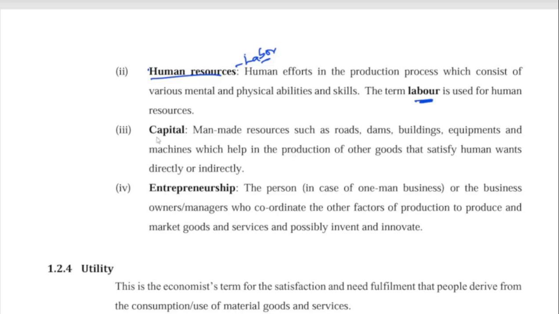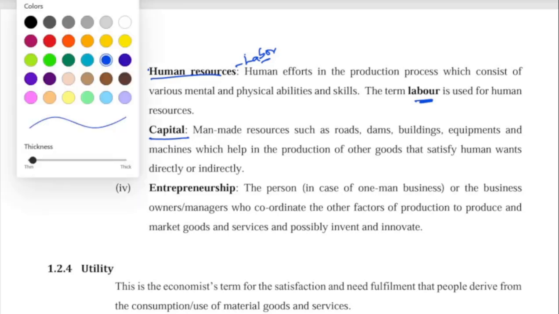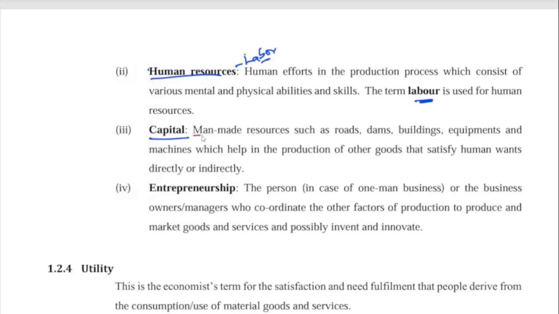We have capital. Capital is man-made resources. This is very, very important. It's man-made resources.